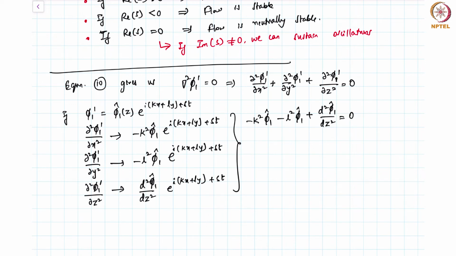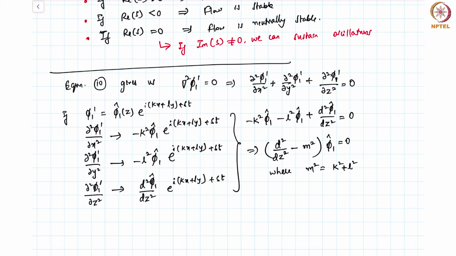The exponential term I'm not writing because anyway it's not going to be 0, and therefore I simply get d square by dz square minus a quantity called m square of phi 1 hat is 0, where m square is k square plus L square. That's my first relation that I've got.